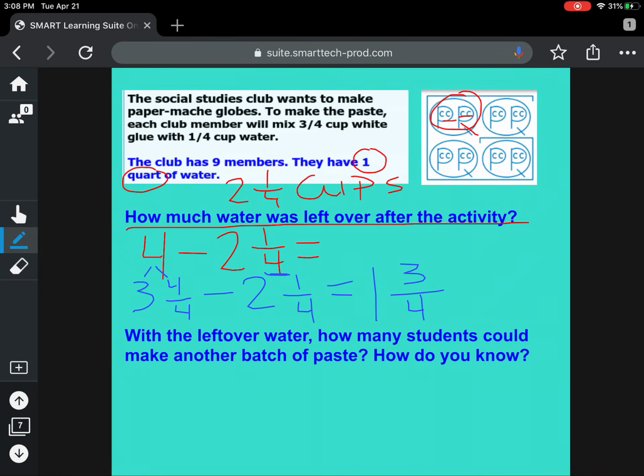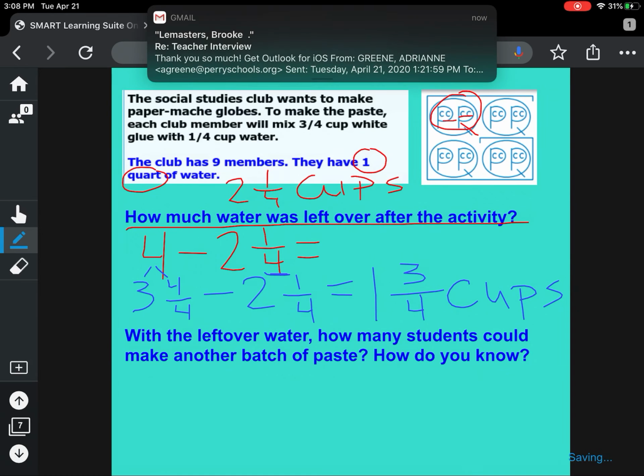And remember, we converted the quart of water to cups, and we know they are using 2 1/4 cups to make the projects. This is telling us that when the activity is over, there should be 1 3/4 cups of water left after the activity.